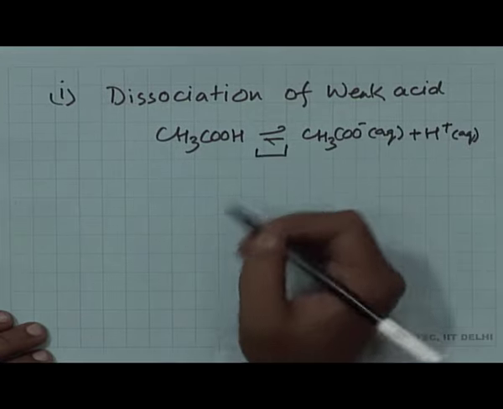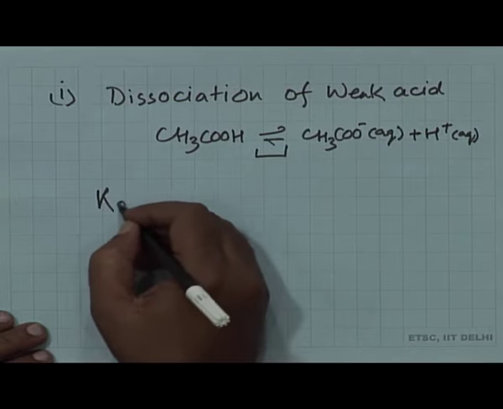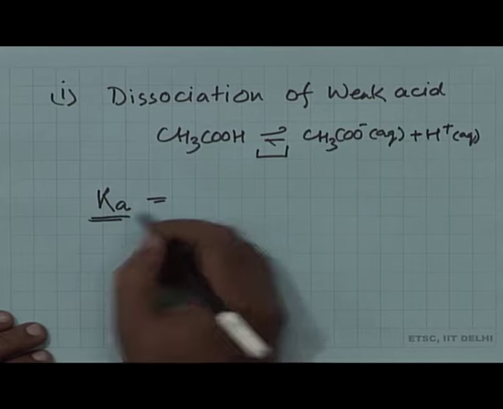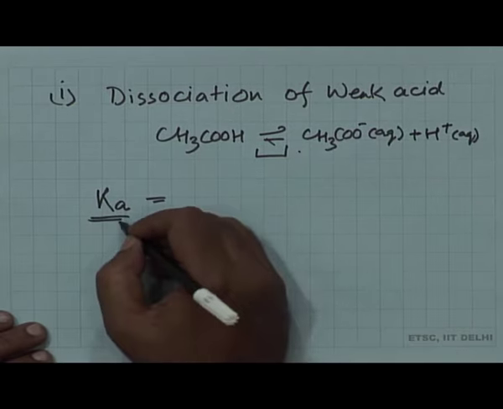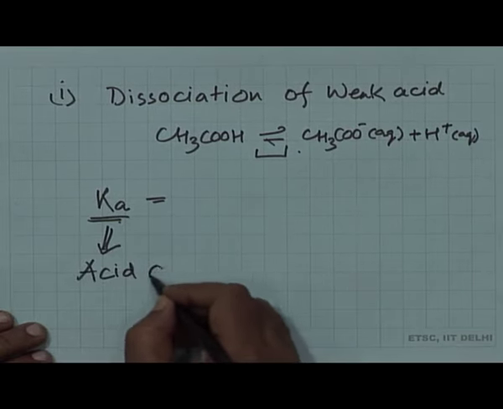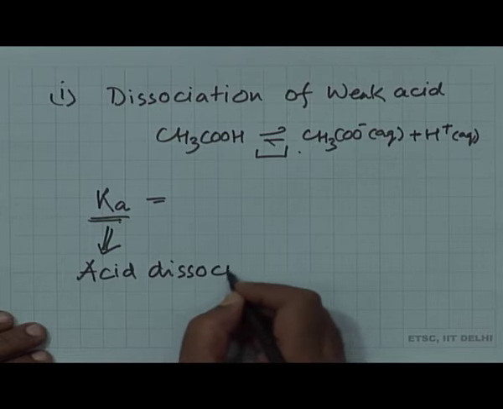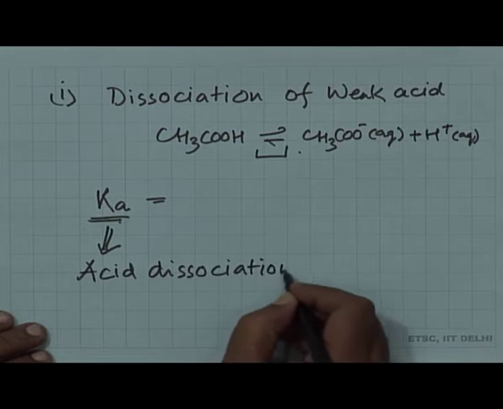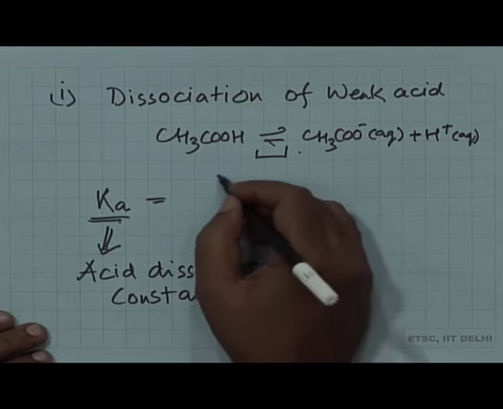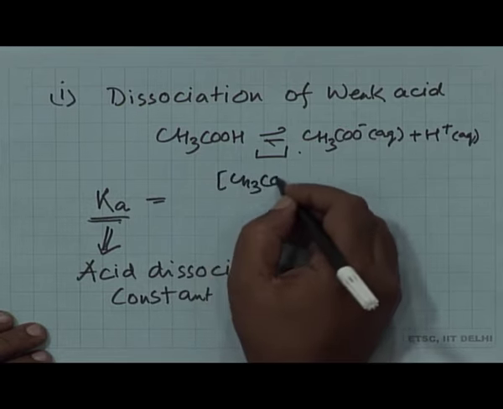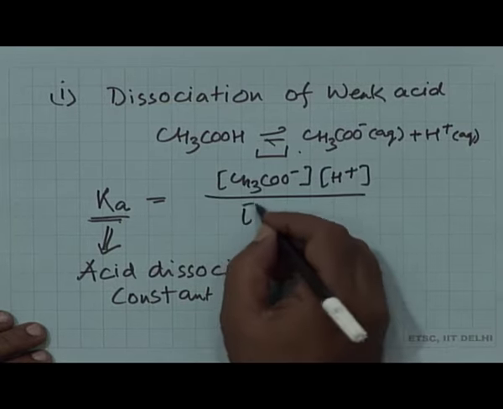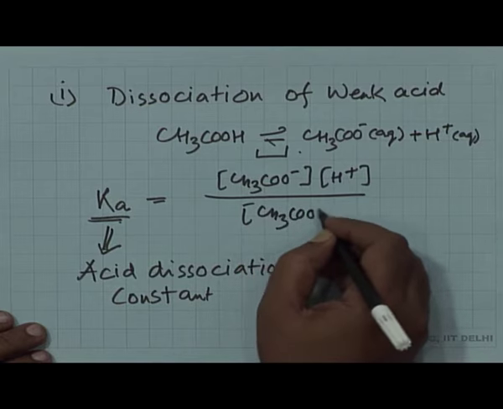So, this is a reversible reaction, and we can apply the equilibrium constant. Here we are writing the equilibrium constant for this reaction, which is known as the acid dissociation constant, equal to CH3COO minus into H plus divided by the concentration of acetic acid.